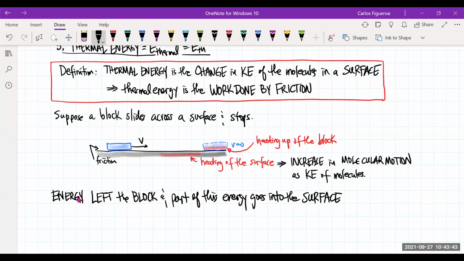Energy left the block because now part of it is in the ground and part of it is in the block. And so thermal energy always leaves the system. In this case, the system is the block.